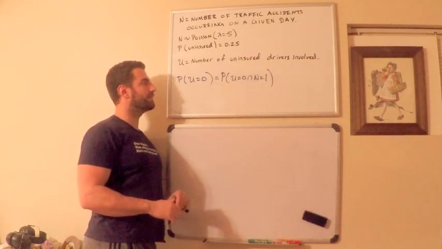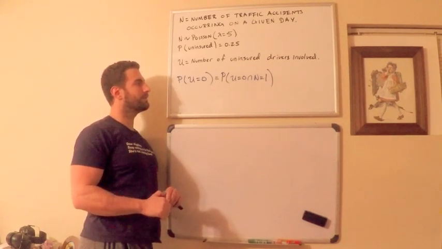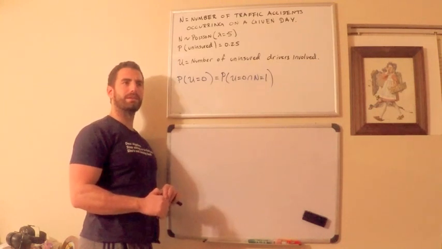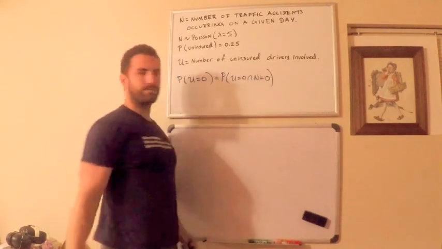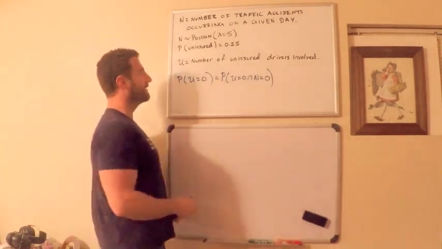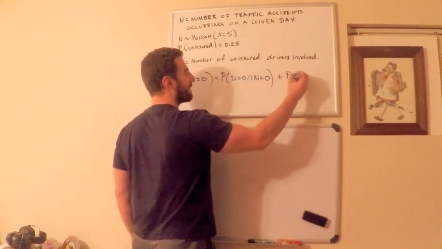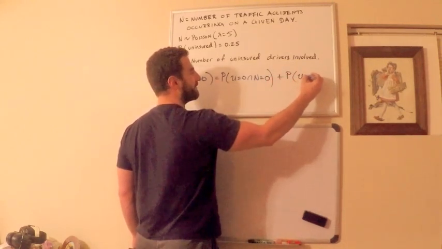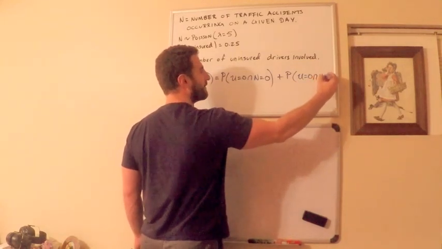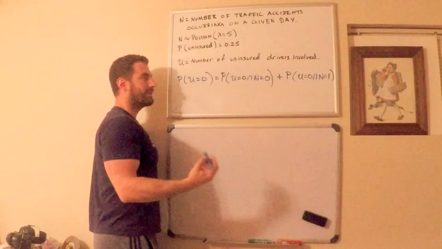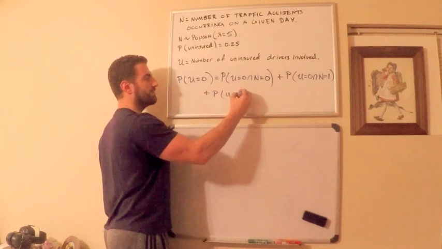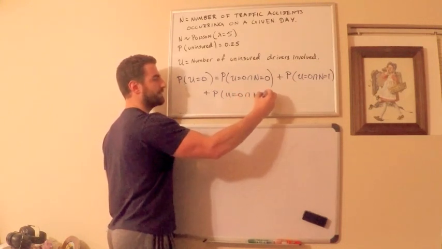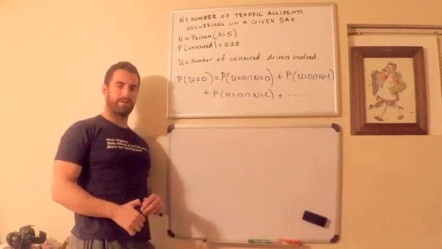So actually, I definitely need that. Plus the probability that the number of uninsured drivers is 0 and the number of accidents is 1, plus the probability that it is 0 and the number of accidents is 2, plus and so on. We have no idea how many accidents there were.